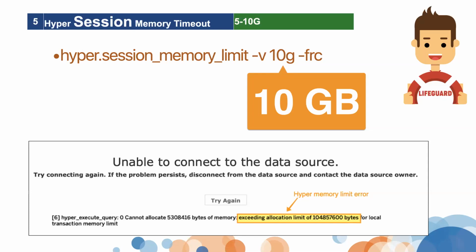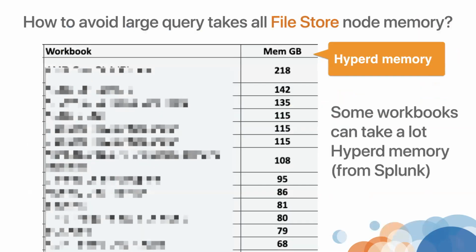I recommend 5 to 10 gig maximum for any single Hyper query session. This is a session for query. If you set 10 gig, and go back to my previous slide, all those should be gone automatically, killed automatically without impacting others.